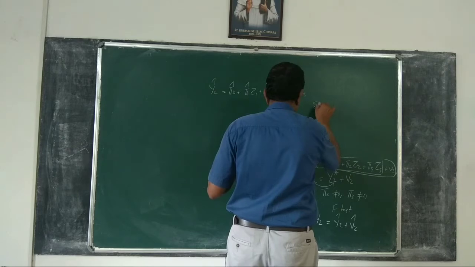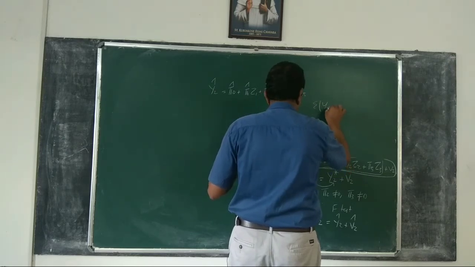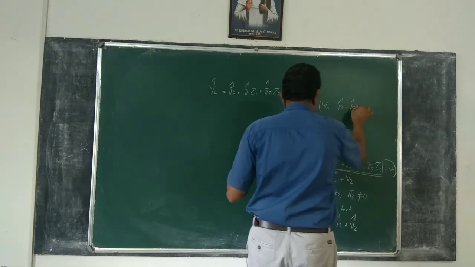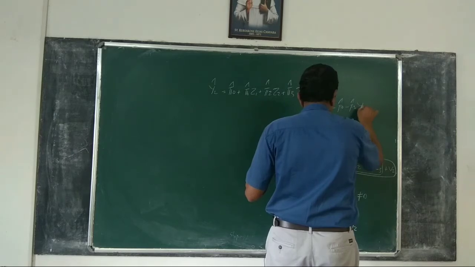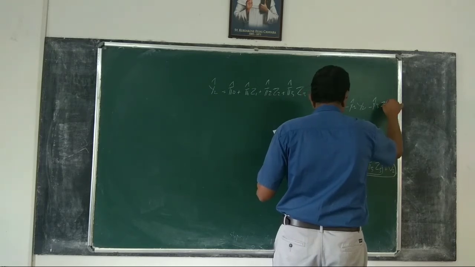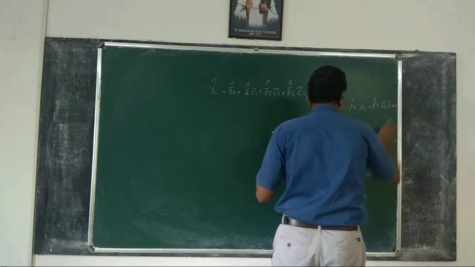The first equation is sigma of y1i minus beta hat 0 minus beta 2 hat y2i minus beta hat 3 z1i equal to 0.